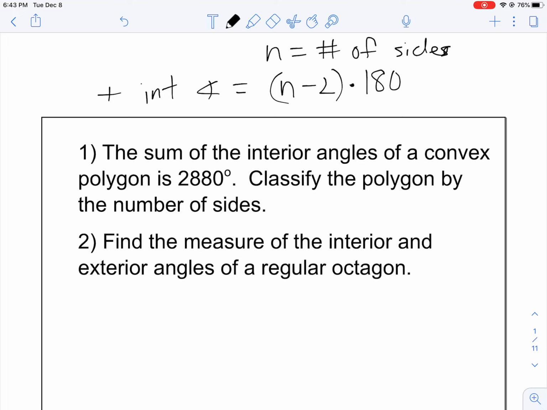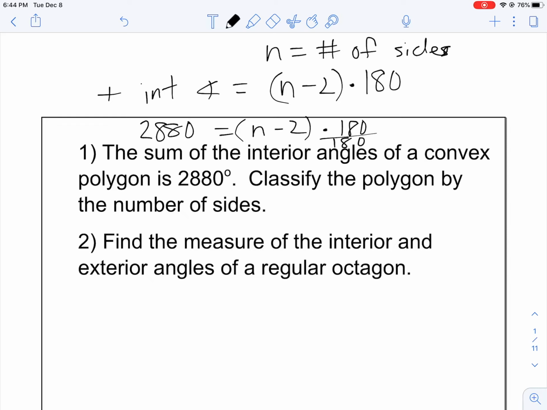So if we look at this one right here, they give us the sum, and we have to figure out the number of sides. So we get that the sum is 2,880, and that's going to be n minus 2 times 180.